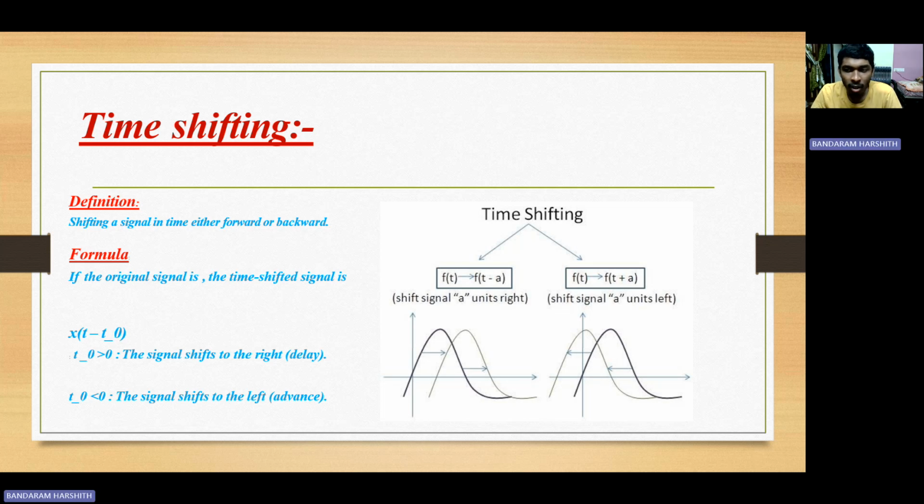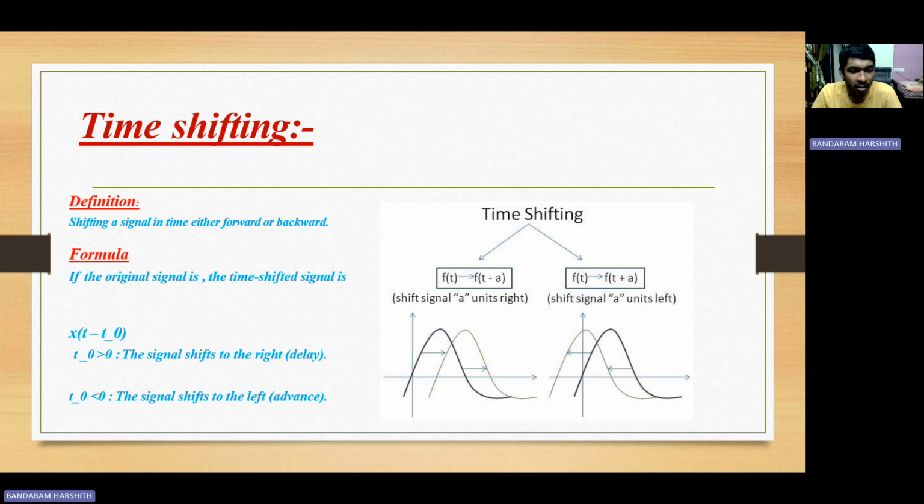Now let's discuss the formula. If the original signal is x of t, the time shifted signal is x of t minus t naught. Here, t naught is the constant by which we want to shift the time, either forward or backward, that means either advance or delay.